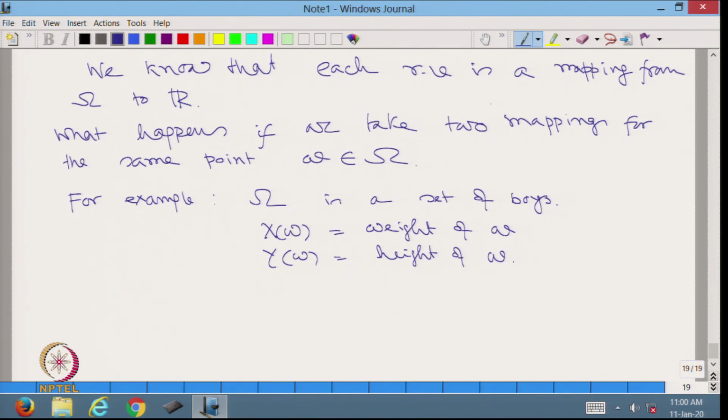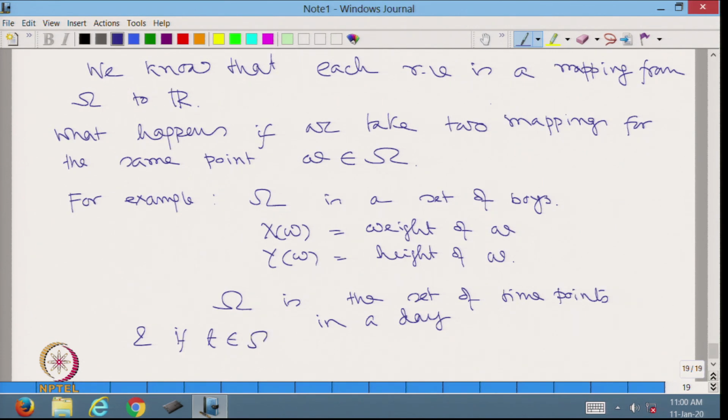In a similar way, if omega is the set of time points in a day, and if t is a time point belonging to omega, x t is equal to temperature and y t is equal to humidity at the point t.